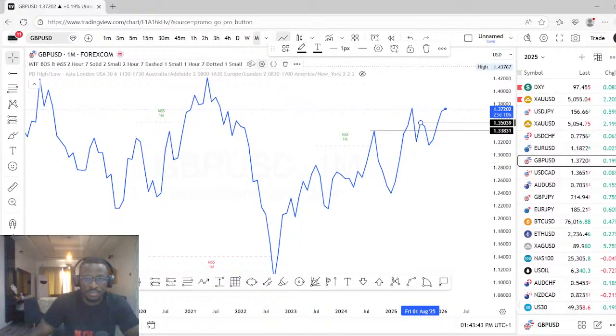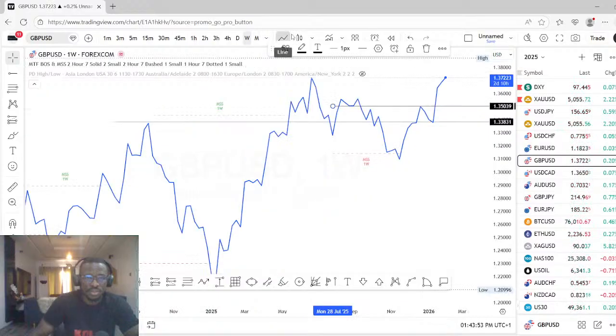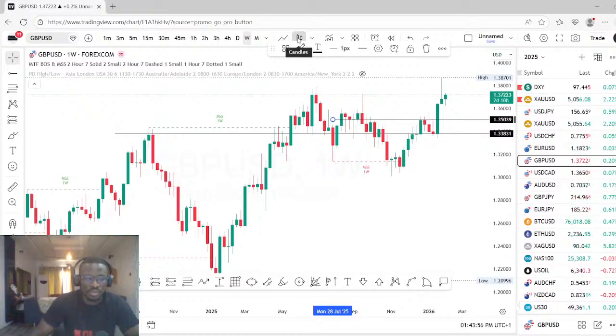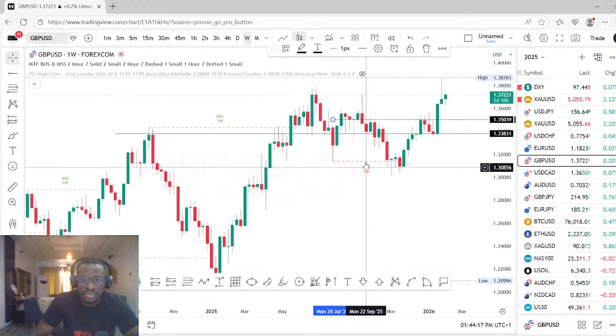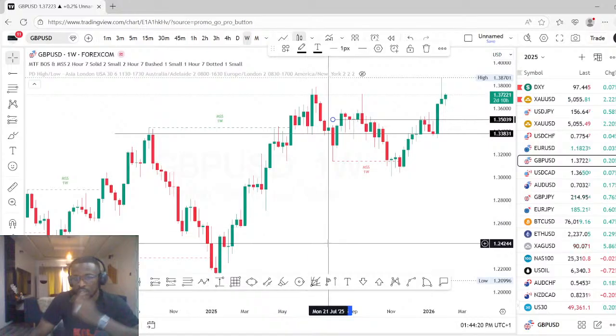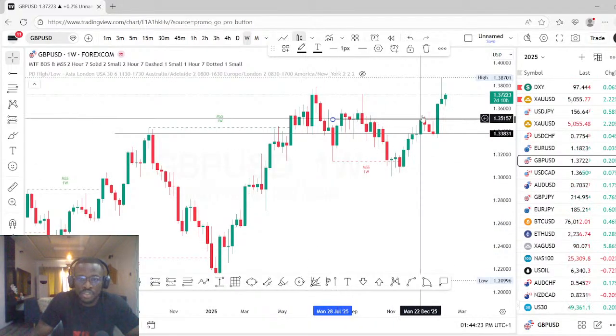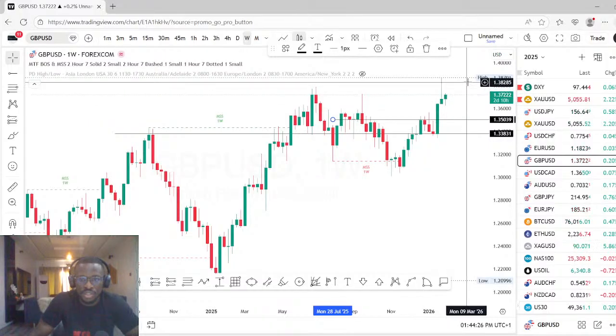So we have to go down to the weekly time frame where I will be looking for bullish sentiment. From what I can see right now, ladies and gentlemen, we are seriously bullish on this particular part of the market, and the only way we are going to get extra confirmations as to whether to go in on buys is with what price is currently doing on this weekly time frame.